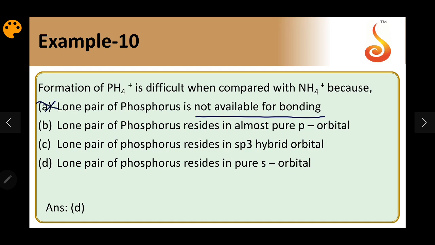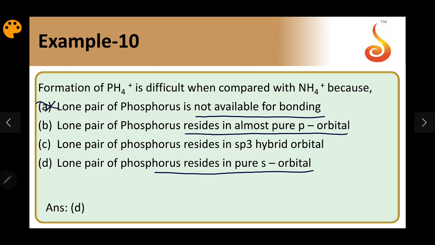Lone pair of phosphorus resides in almost pure p orbital: not correct. The configuration is 3s2 3p3. 3s2 is the lone pair, and 3p has three electrons in p orbitals. So the lone pair resides in a pure s orbital, which is much dragged into the nucleus because the s orbital has higher penetration power towards the nucleus.